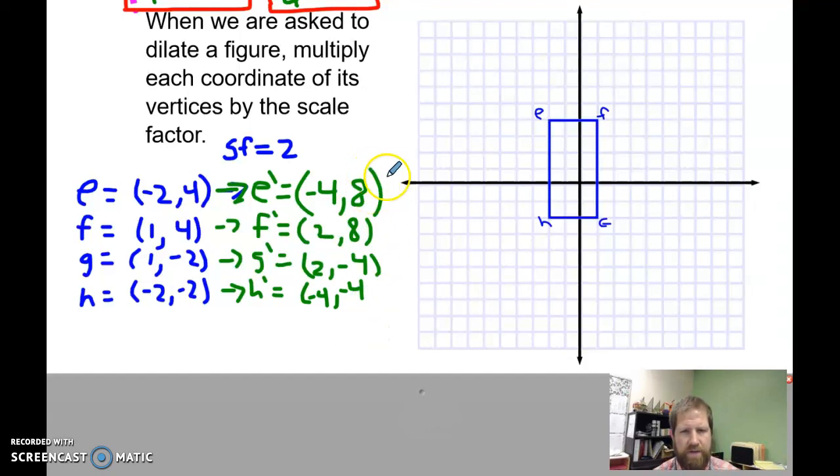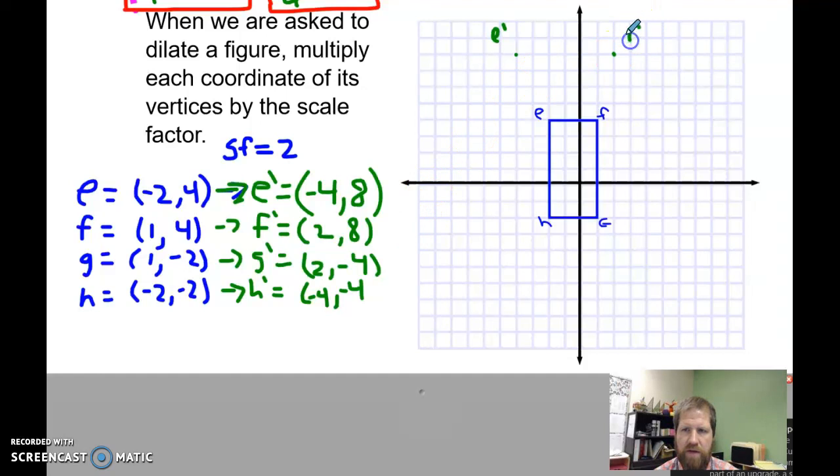And then graph those. So I have -4, 8. 1, 2, 3, 4, 5, 6, 7, 8. So this will be my E prime. And over here I have 2, 8. Because E and F share the same y value, E prime and F prime share the same y value. So I'm up here on 8, and I go to a positive 2 on my x-axis.